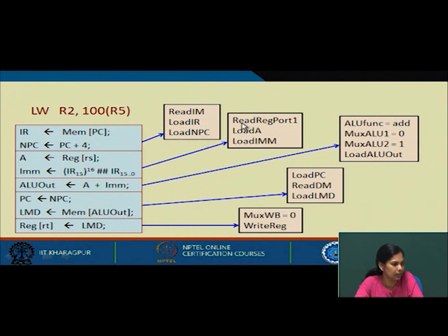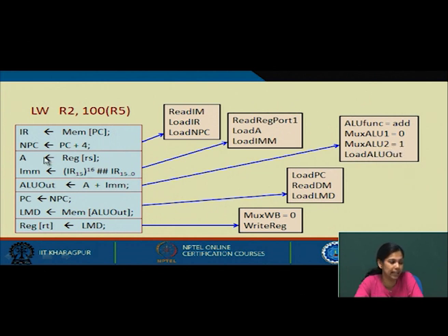Similarly here we will read reg port 1, we will load A and we will load IMM, the immediate value. Here ALU function will be add again, mux ALU1 will be A, but now you see mux ALU2 will be 1.